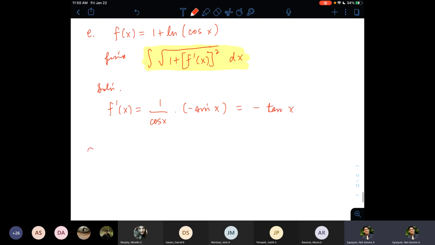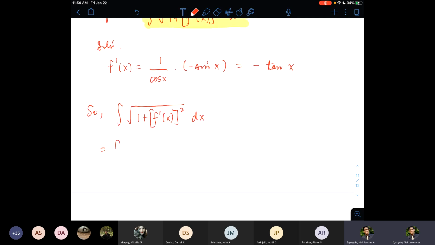So I can now start evaluating this integral: the square root of 1 plus f prime of x quantity squared, dx. And then I'll plug in what I found earlier. f prime can be replaced by negative tangent, so negative tangent of x quantity squared, dx.